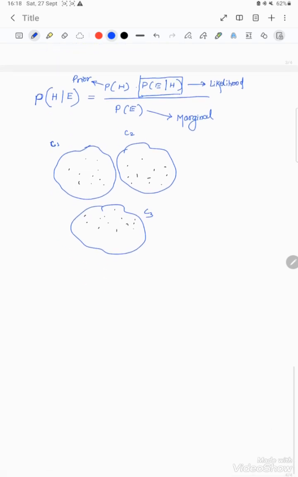Let's say this is my sample x. So I ask what is the probability of class equal to C1 given the instance or evidence equal to x. It is the probability of class equal to C1 multiplied by the probability of evidence equal to x given class equal to C1, divided by your marginal.